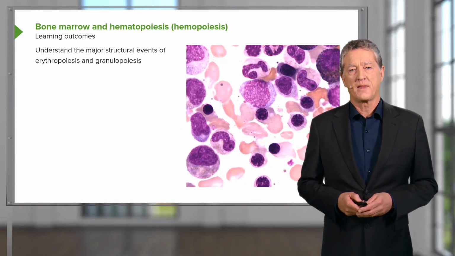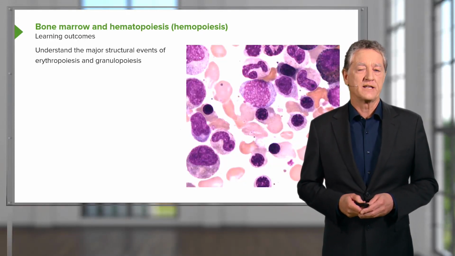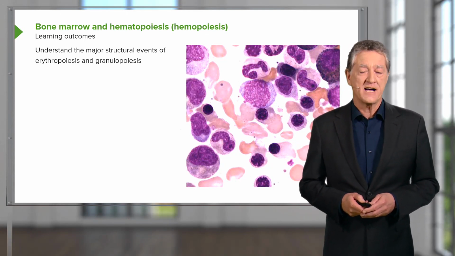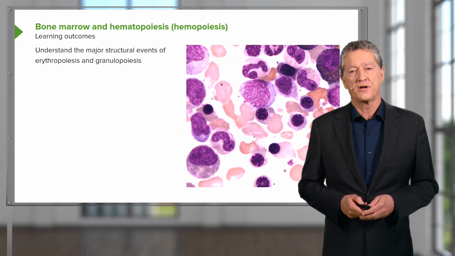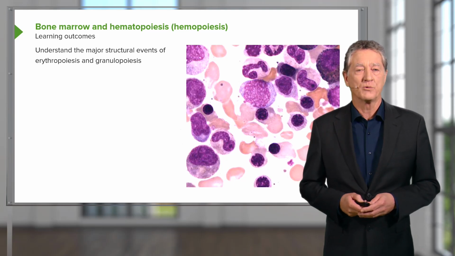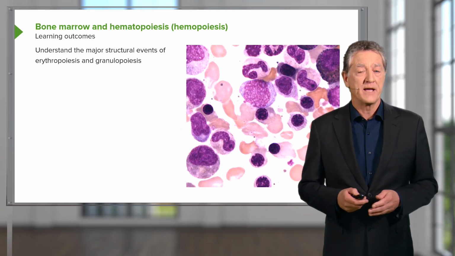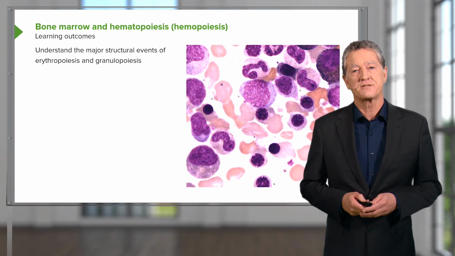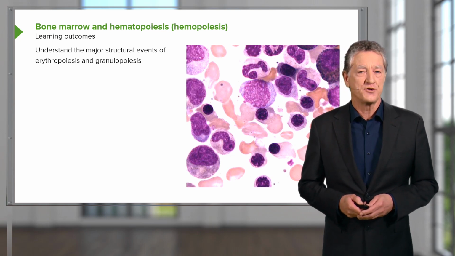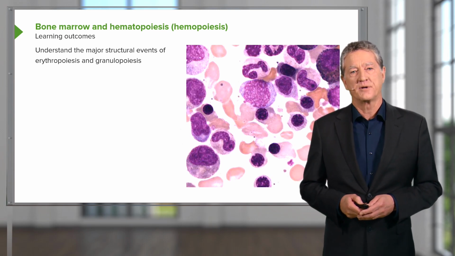And in this lecture, I'm only going to cover the lineage that gives rise to the erythrocytes, red blood cells, and as an example of the granulocytes, I'm going to look at the lineage that gives rise to the neutrophil. So in other words, I'm going to describe the events called erythropoiesis, manufacturing or giving rise to red blood cells, and granulopoiesis, giving rise to the granulocytes, of which only the neutrophil is going to be the example I'm going to use.